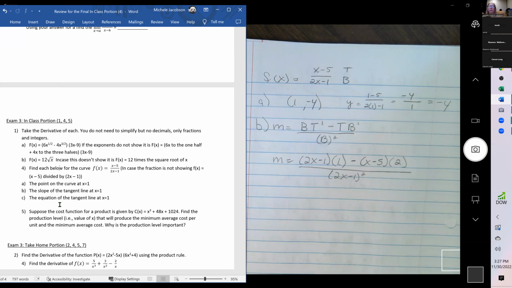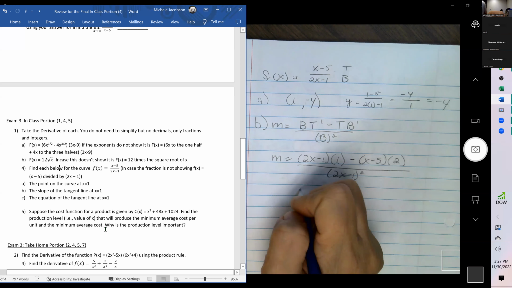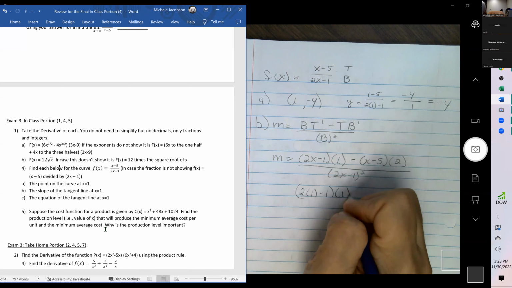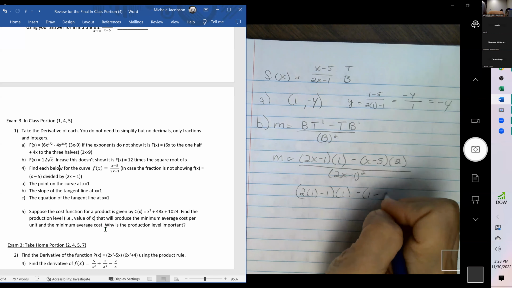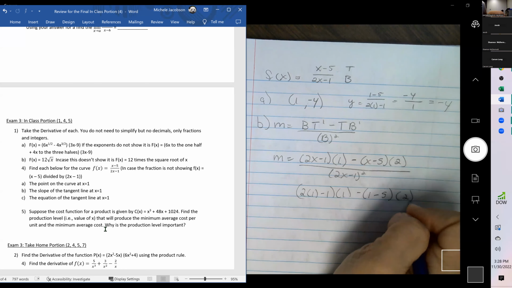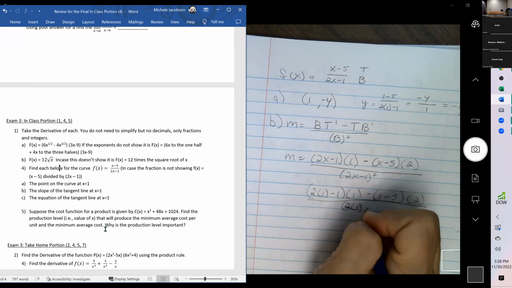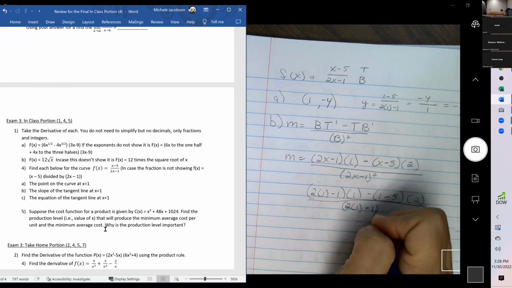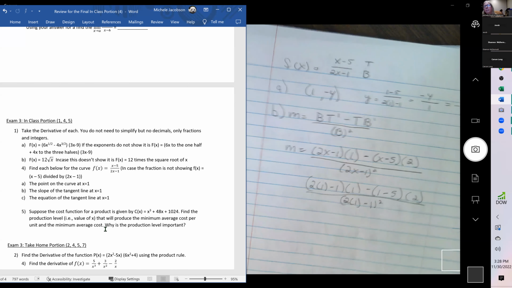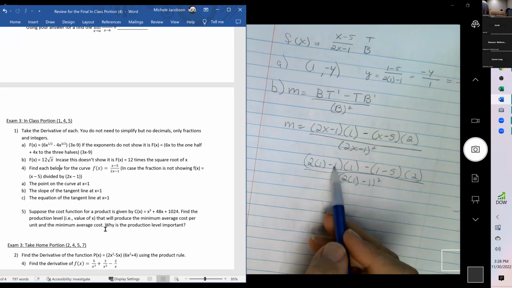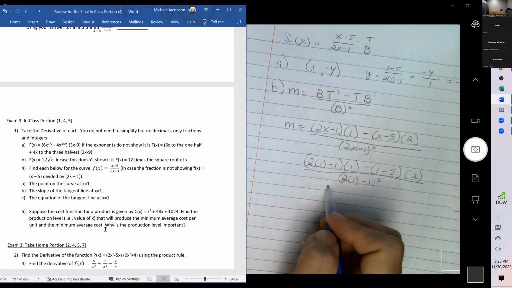We want the slope of the tangent line at x equals 1, so we plug in 1. 2 minus 1 is 1, times 1 is 1.